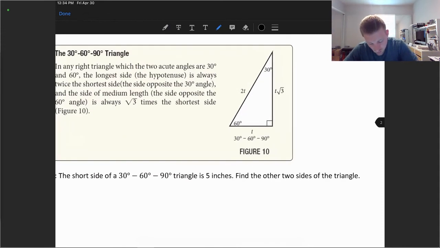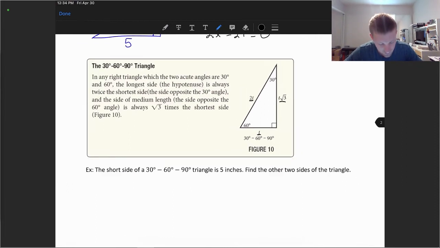Across from the short leg here, we'll have unit length t. The hypotenuse will be 2 times the length of our short side, and the long side will be square root 3 times the short side. This ratio of sides will hold true for all 30, 60, 90 triangles.